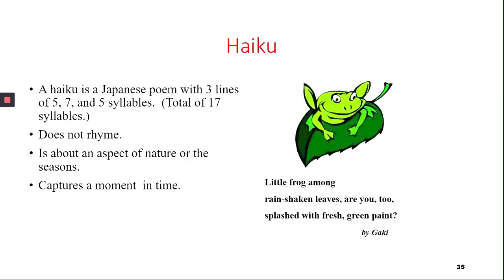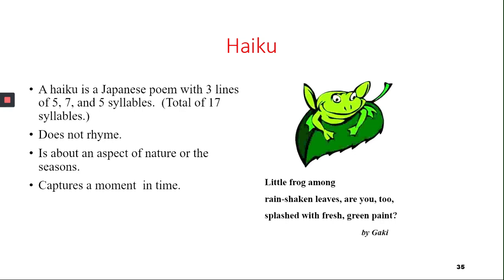Let's skip this. So let's proceed with haiku. A haiku is a Japanese poem with 3 lines of 5, 7, and 5 syllables. Total of 17 syllables. It is about an aspect of nature or the seasons.